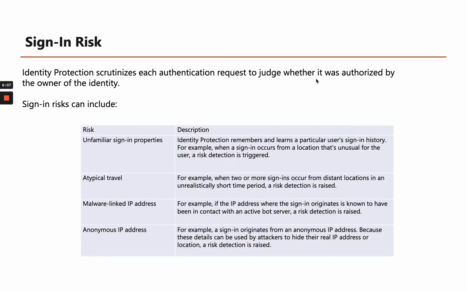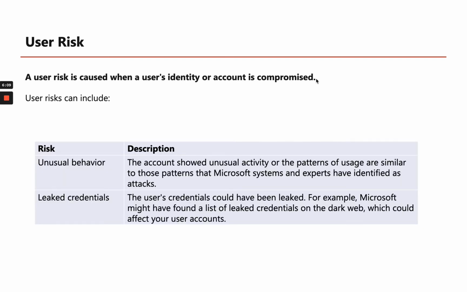But let's talk a little bit about the types of risks, what they are and how they are categorized. The user risk is one of the prominent ones. This is a cumulative risk associated with the user identity. It's categorized as high, medium, low, and it captures unusual behavior or leaked credentials. It's something that you can aggregate offline also.